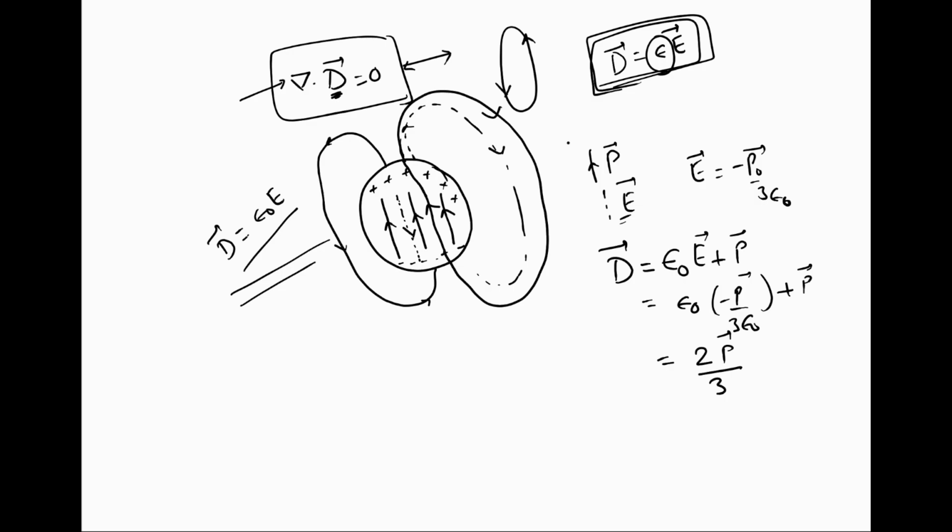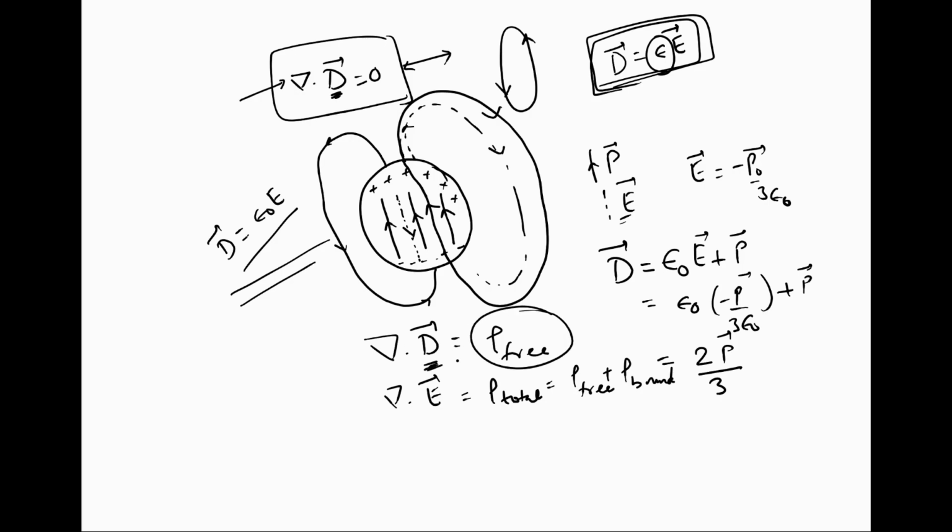Now there is confusion in various students' minds: since Gauss's law says del dot D is equal to rho free, and del dot E is equal to rho total, that is rho free plus rho bound, they think that D is just because of the free charges and E is because of the total charges. However, this is not the case.